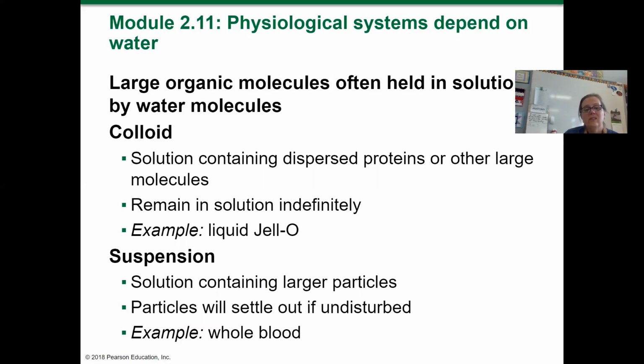A suspension is a solution containing even larger particles. For example, whole blood is a suspension: plasma is the solution, the matrix, and then it has red blood cells, all different kinds of white blood cells, and little platelets.